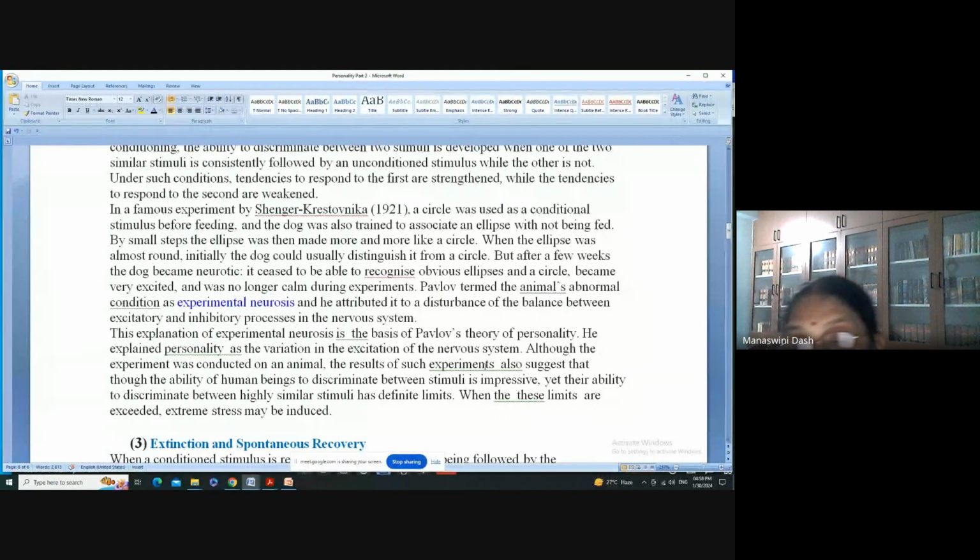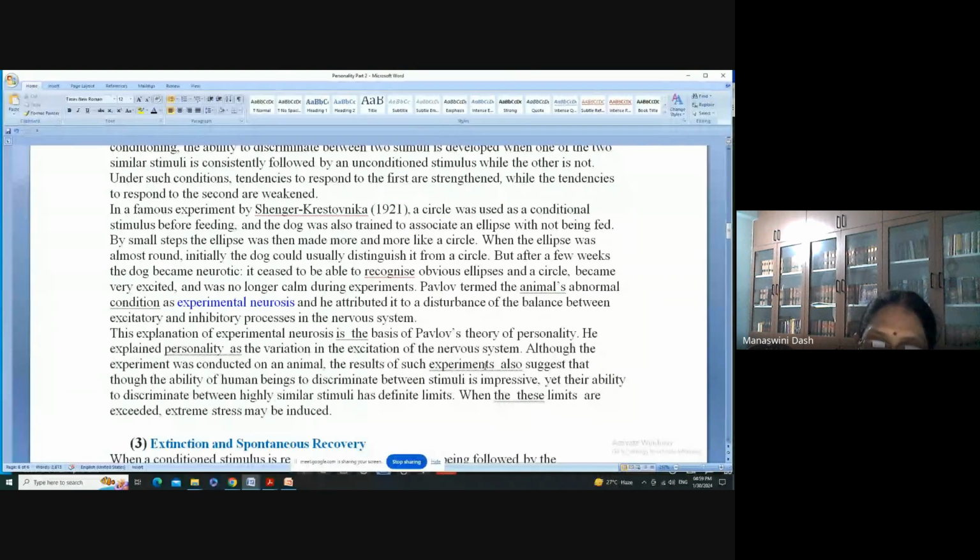The animal is confused, and so neurotic behavior. So Pavlov attributed this experimental neurosis to a disturbance of the balance between the excitatory and inhibitory processes in the nervous system.